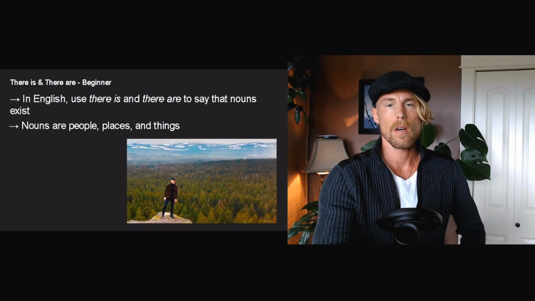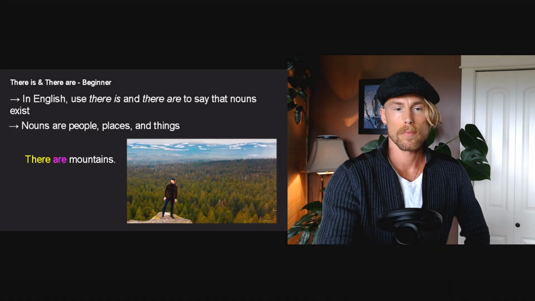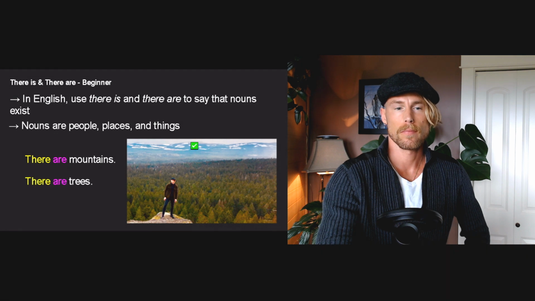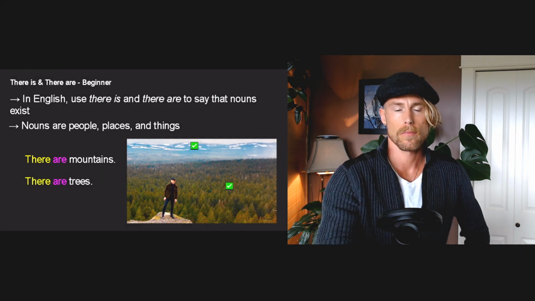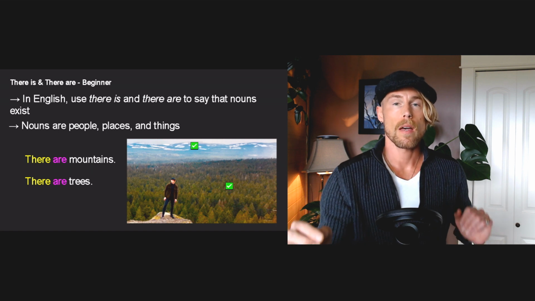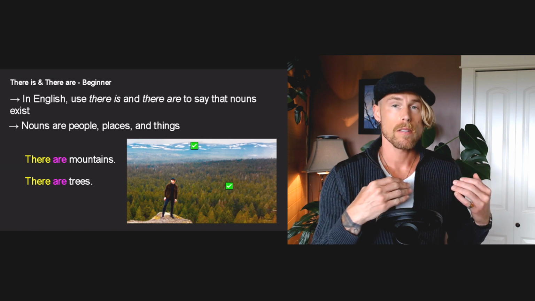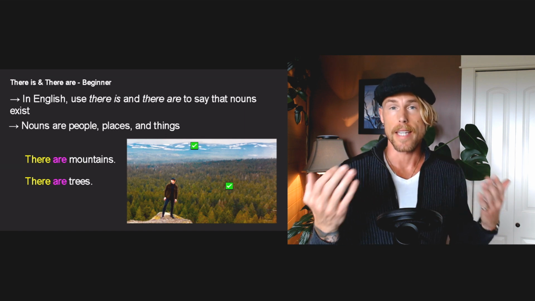Also, in the second example, there are mountains. There are trees. So, a cat, a pillow, mountains, trees, these are things. They are nouns.